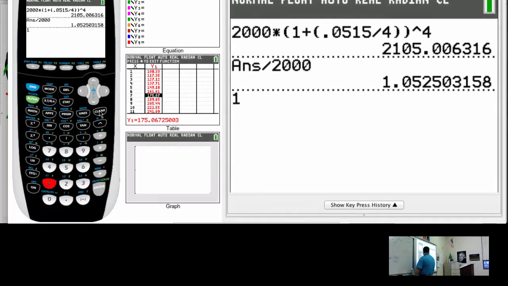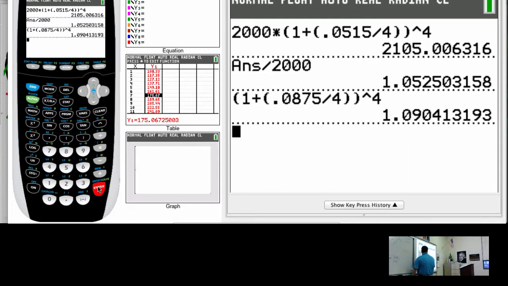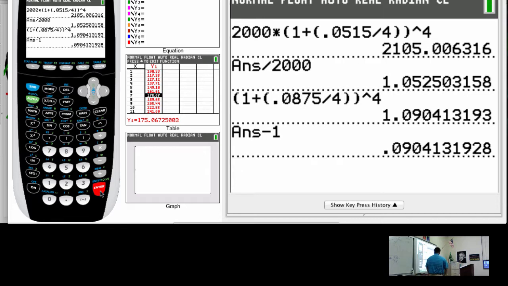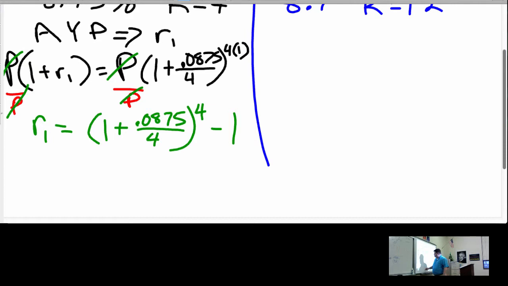All right, let's clear that up. 1 plus the quantity 0.0875 divided by 4 raised to the 4, right? And then we have to subtract 1 from that. So I've got about 9.04%, right? You guys see that? All right, so let's write that down.